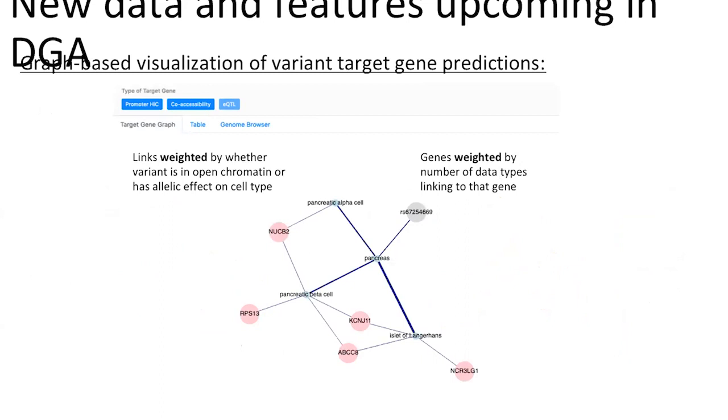So this is another tool that is in development, and this tool would be integrated into the T2D Knowledge Portal. It is a graph-based interactive visualization of variant target gene predictions, because how a non-coding variant relates to the target genes is crucial to understanding the etiology of the disease.